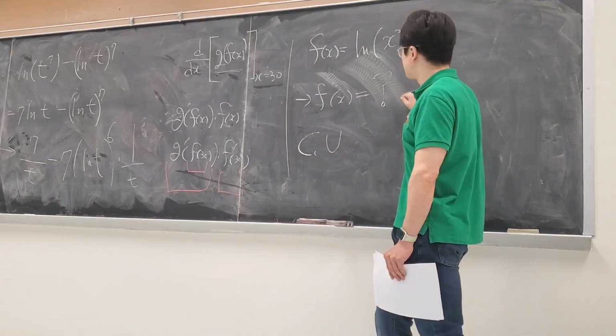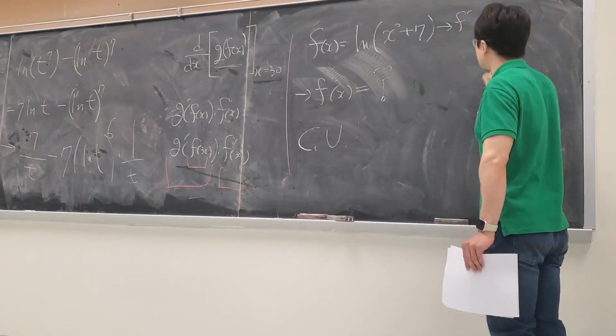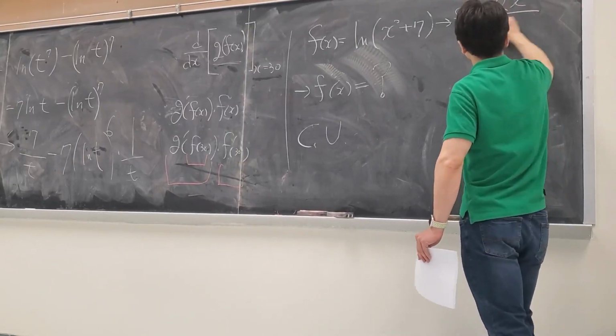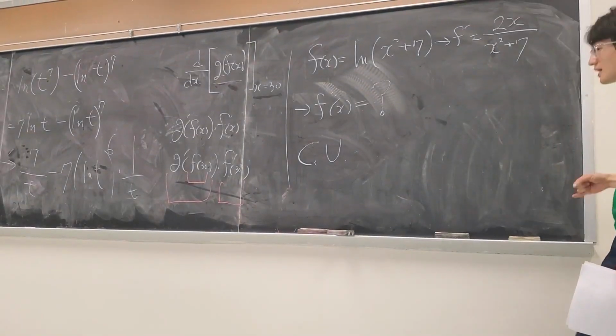You should probably take the derivative first. Yes. F prime is 2x over x squared plus 7. Then f double prime, right?